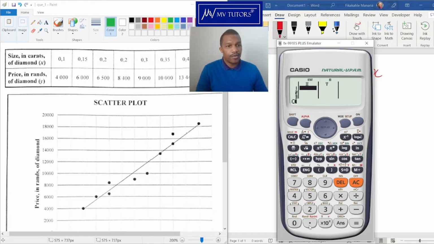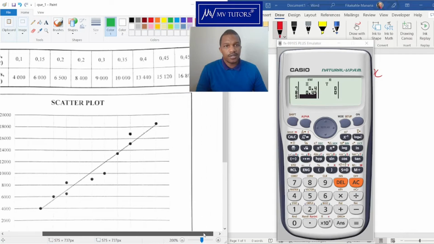The first one is 0.1 equals 0.15 equals 0.2 equals 0.2 equals 0.3 equals 0.35 equals 0.4 equals 0.45 is the next one equals, let's see, what's the next?